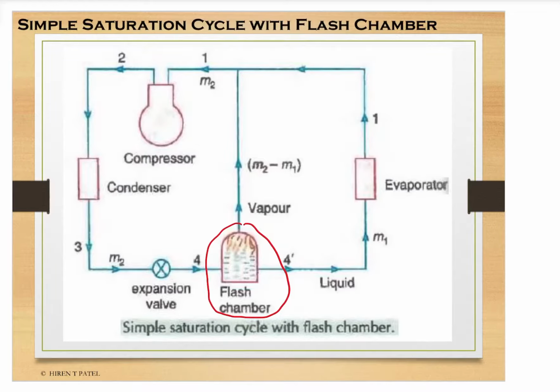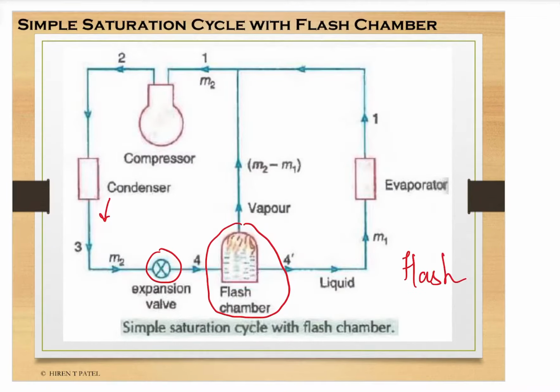We have already discussed that when high pressure liquid refrigerant from the condenser passes through the expansion valve, partial evaporation of the liquid refrigerant occurs. That partial evaporation of liquid refrigerant is known as the flash.